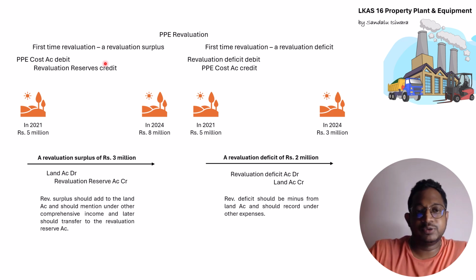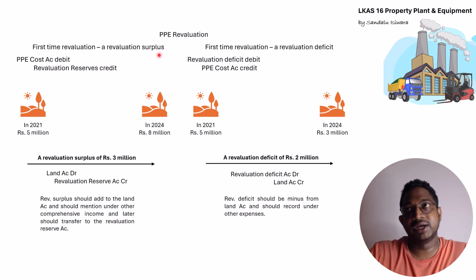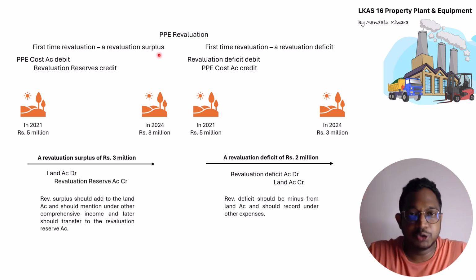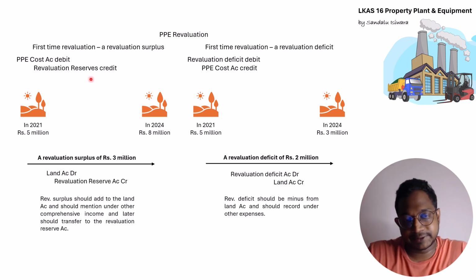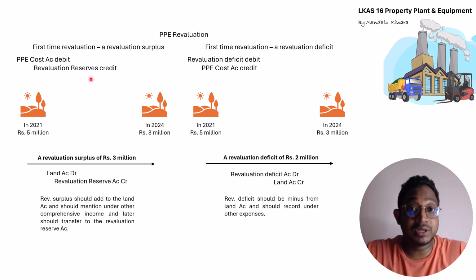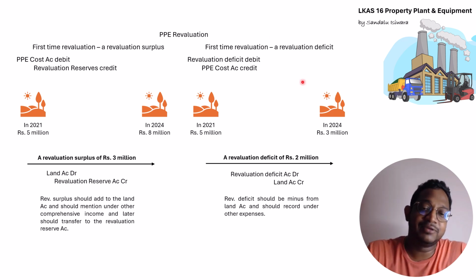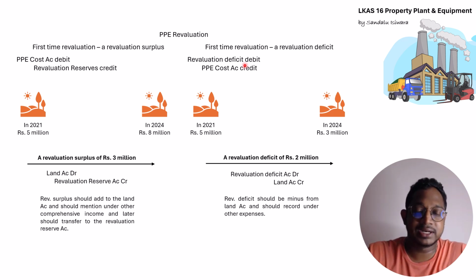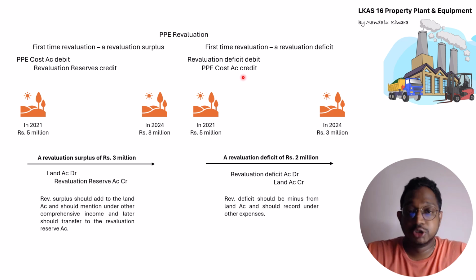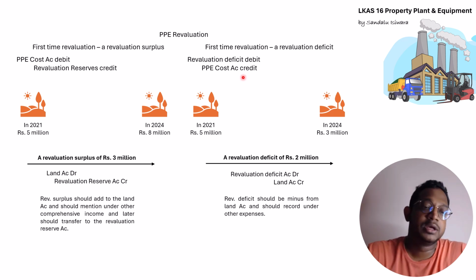If you gain a revaluation surplus, you should add that to the cost and credit the revaluation reserve. And if you get a revaluation deficit, you should debit that, which means it is an other expense. So it falls under other expense, and the property, plant and equipment cost account should be credited, right?